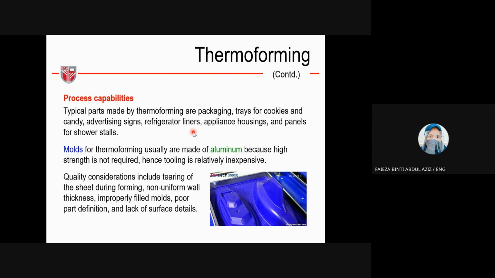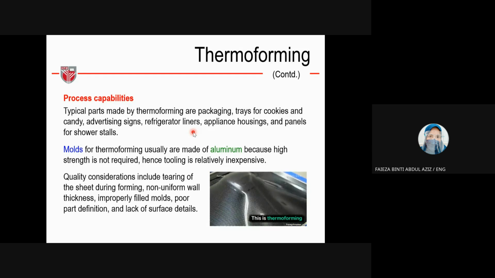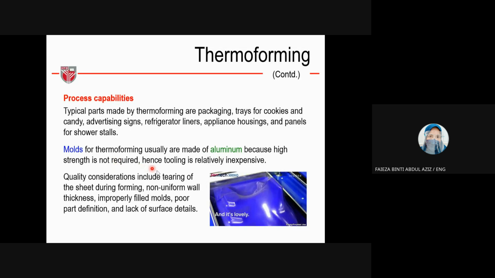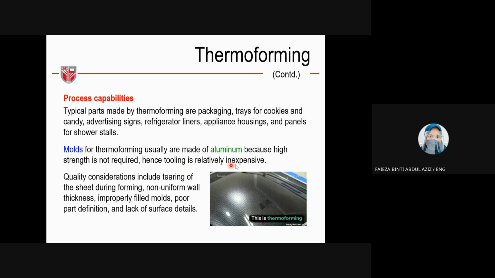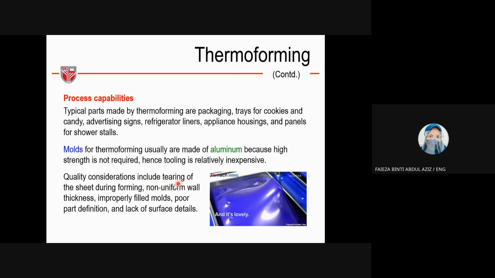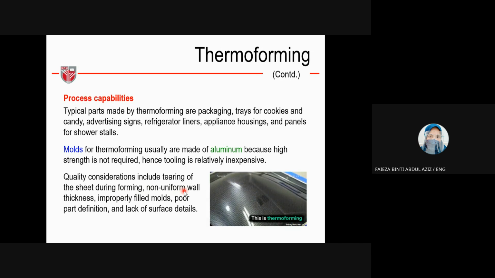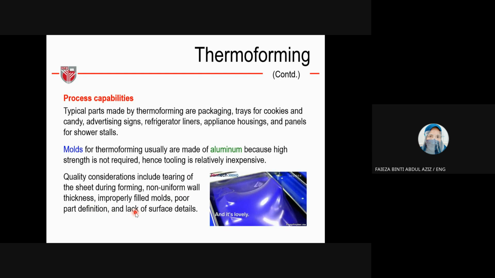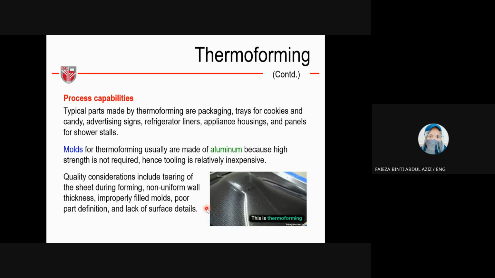Molds for thermoforming usually are made of aluminium because high strength is not required, hence tooling is relatively inexpensive. Okay. Quality considerations include tearing of the sheet during forming, non-uniform wall thickness, improperly filled molds, poor part definition, and lack of surface details, because we know the film or the sheet is very, very thin.